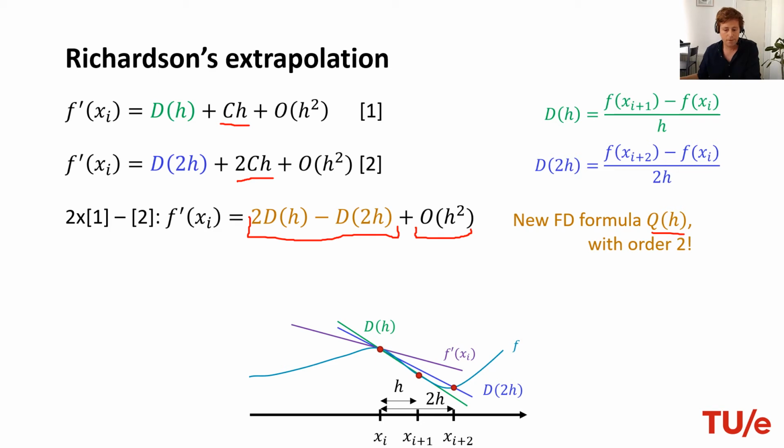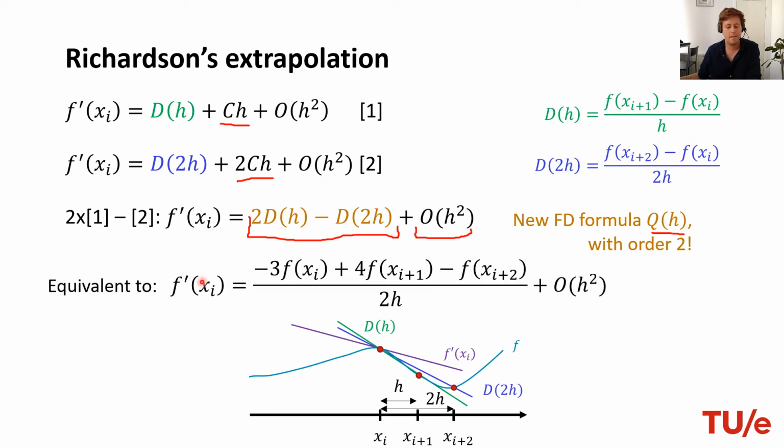With some very simple algebraic manipulation, we came up with a new formula Q of h, which is 2 times D of h minus D evaluated at 2h, and that has an error of order 2. Now, if we try to explicitly evaluate what this means in terms of function values, we can simply plug these in here, and we see that this is actually equivalent to the following finite difference formula over here.